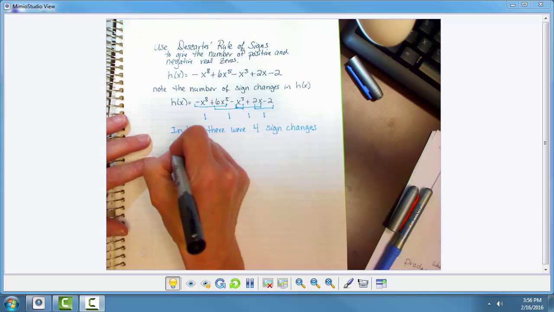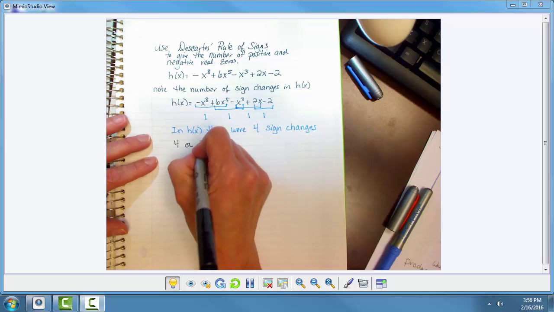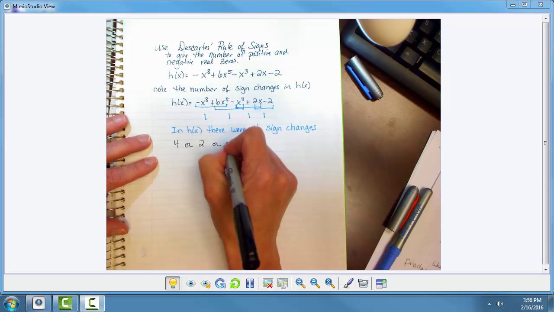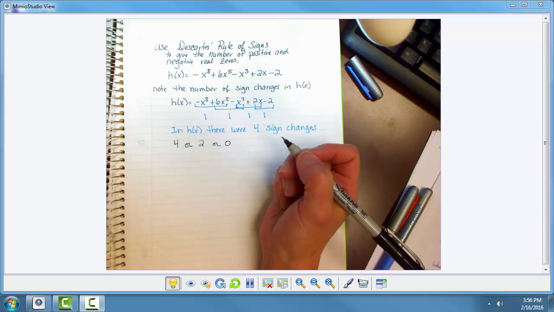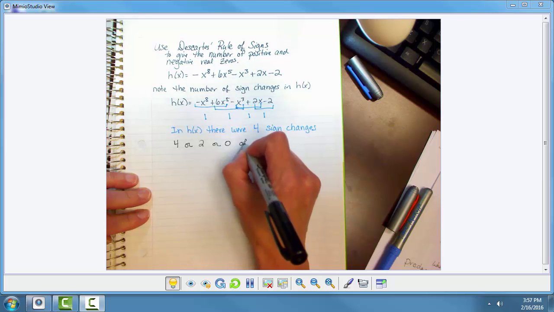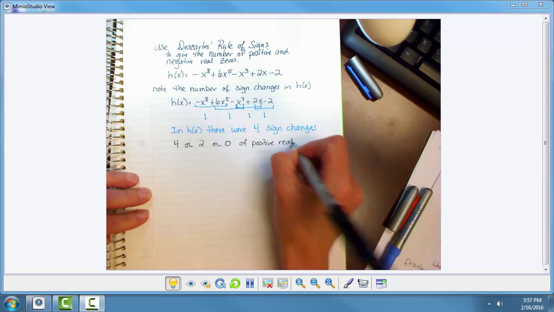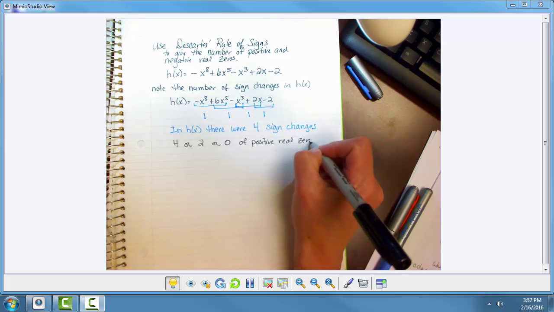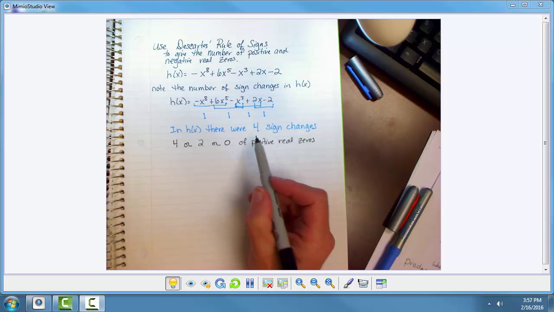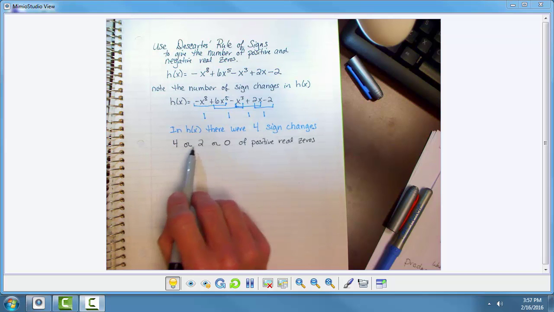So that means there's 4, or 4 minus 2 is 2, or 2 minus 2 is 0 positive real zeros. You're just denoting the sign change and subtracting 2 until you get it down to 0 or 1.